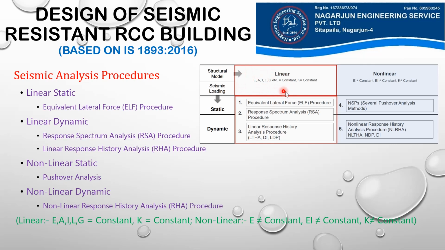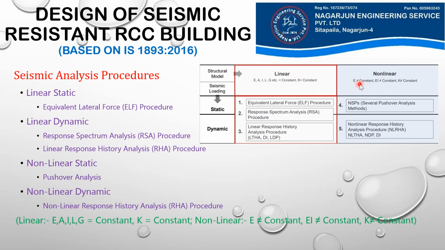So both material and geometrical properties are assumed to be constant in linear analysis. When the structures are subjected to seismic excitations or vibrations, we assume that the elastic properties, geometrical properties or material properties do not change. That means our structure is linear.